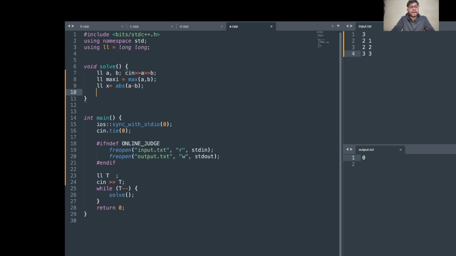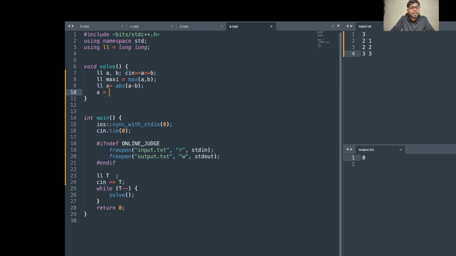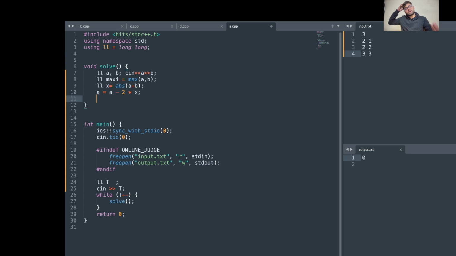So for the maximum, what would be my updated A? Then A will become A minus 2 into x. So what do I have to check further? I have to check further if A is a multiple of 3 or not.